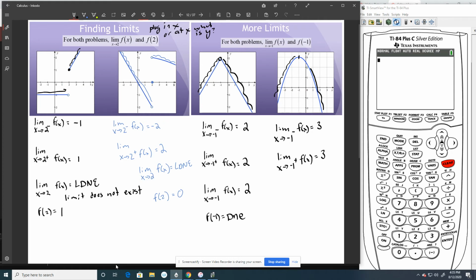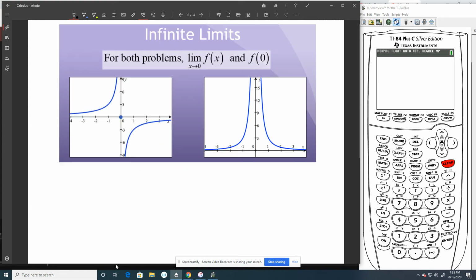And since they approach the same value, my limit does exist as I approach -1. And it's 3 because those are the same value. And then if I wanted to find f of -1, that exists as well. My y value when x is -1 is just 3 also. So this one, all 4 of those happen to be the same. Okay, couple more.